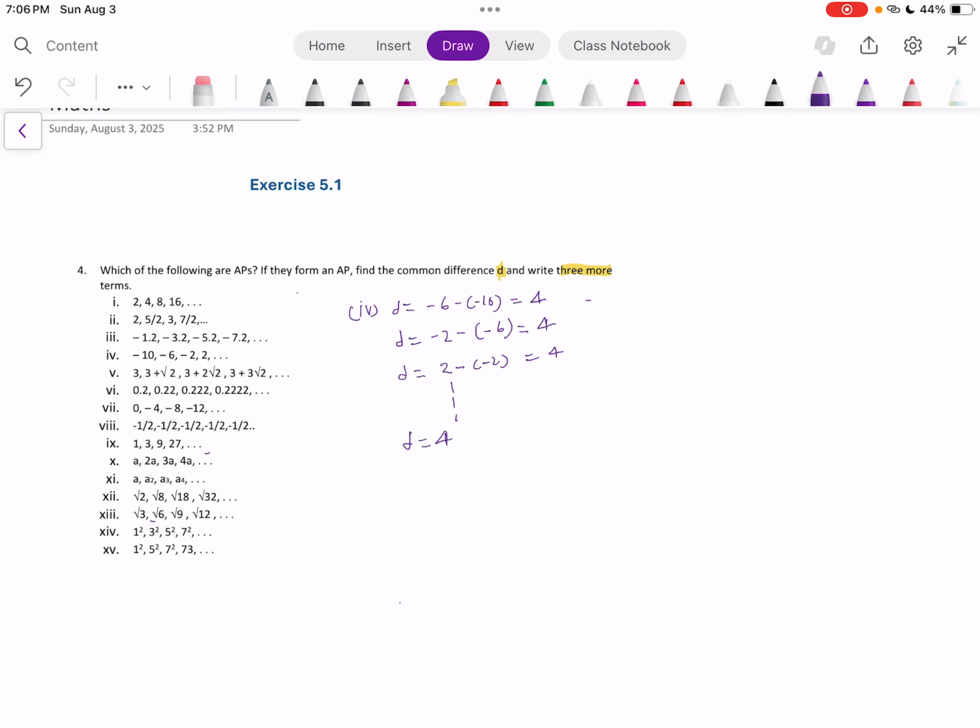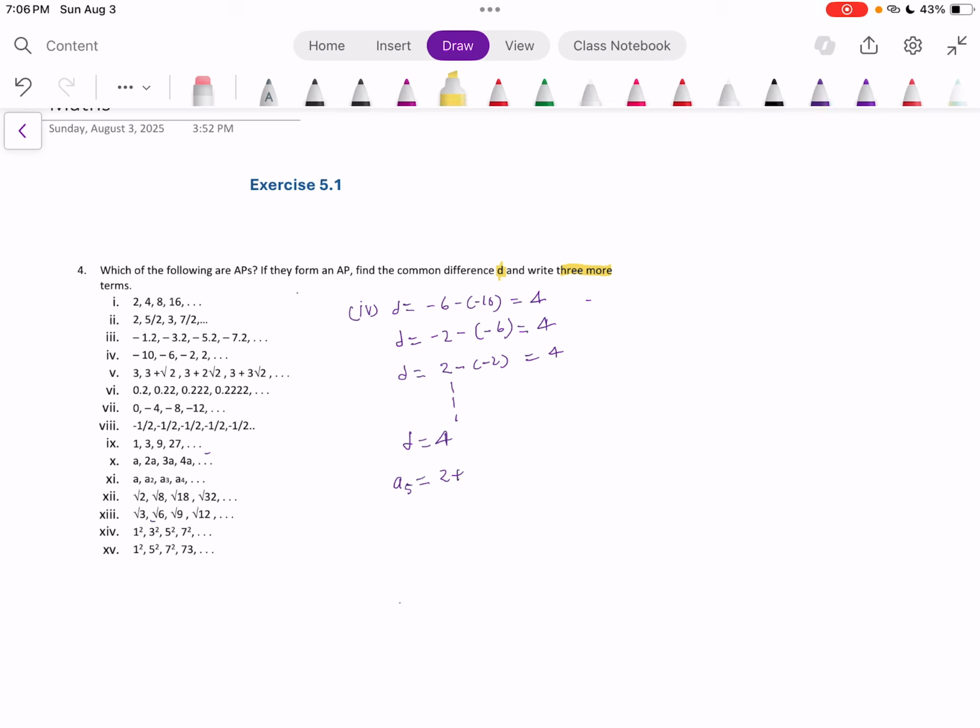So for the next 3 terms, in some questions you are given 4 terms, in some 5. Here it's 1, 2, 3, 4. So if I find the 5th term, it's 2 plus 4.